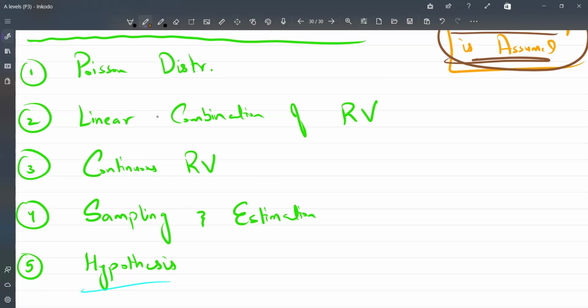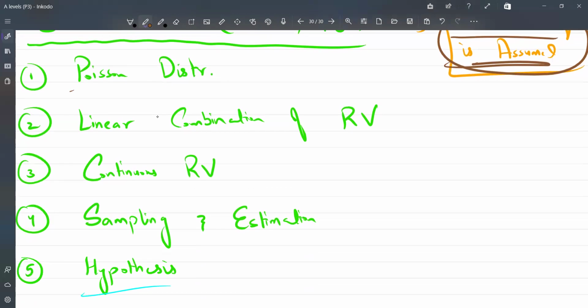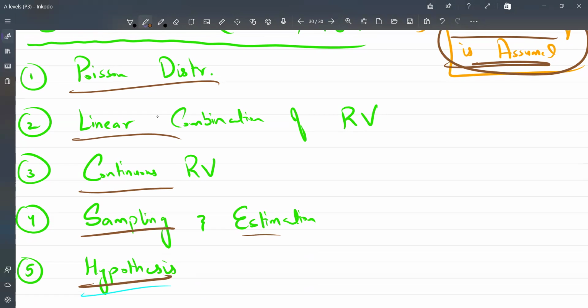So there are a total of 5 chapters in S2, starting with Poisson distribution, then comes linear combinations of random variables, continuous random variables, sampling and estimation, and hypothesis testing is the last chapter, right? These 5 chapters are a part of the S2 curriculum. So I hope you got the chapters that are included in both of the components.